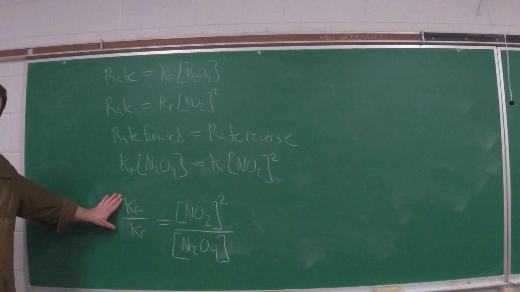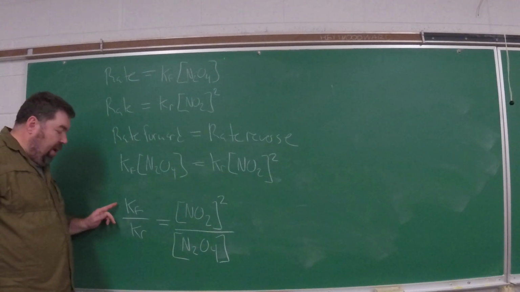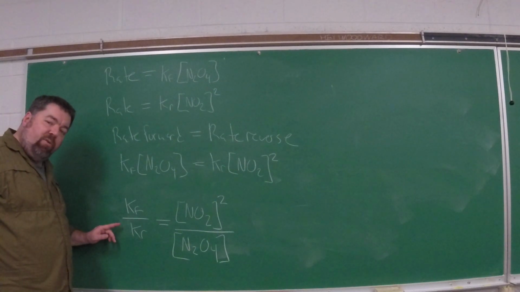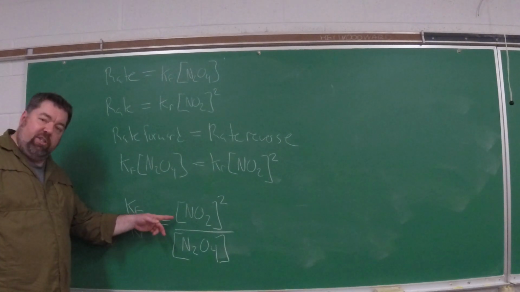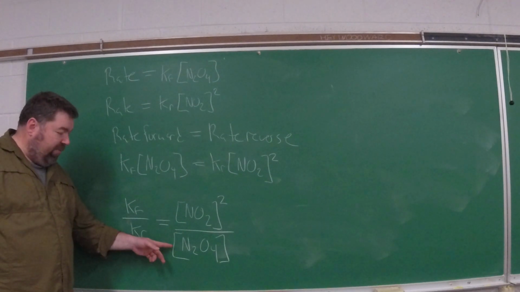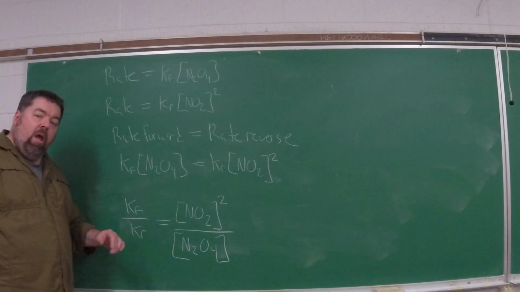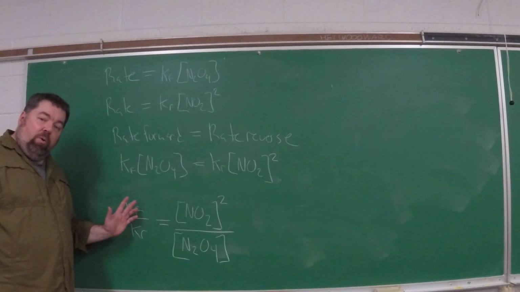And this is what we get: the rate constant for the forward reaction divided by the rate constant for the reverse reaction equals the concentration of NO2 squared divided by the concentration of N2O4. Again, this is at equilibrium.